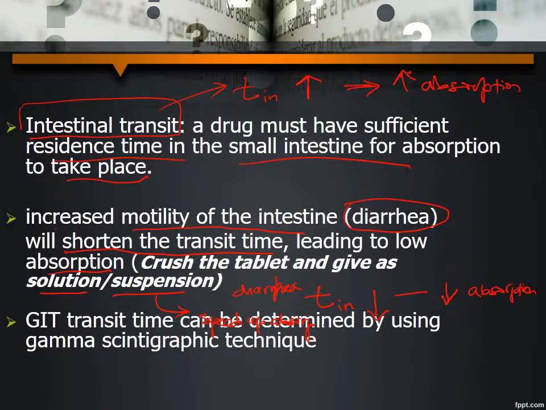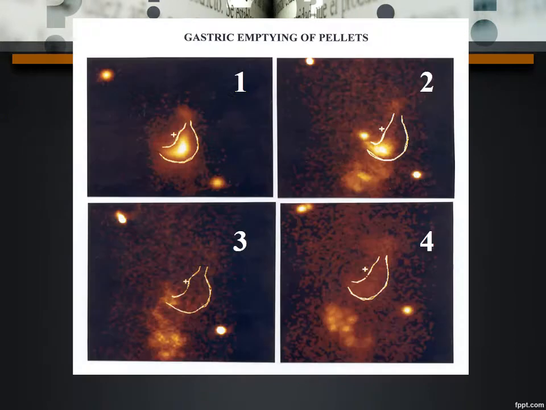The GIT transit time can be determined by using the gamma scintigraphy technique. So in research, this is how we determine the transit time. This is an example of the gamma scintigraphy technique, where a drug is tagged with something like a fluorescent marker, so you can track the drug's position.